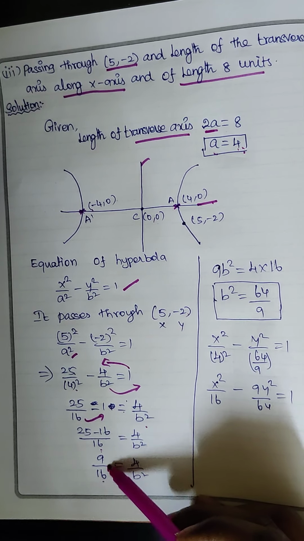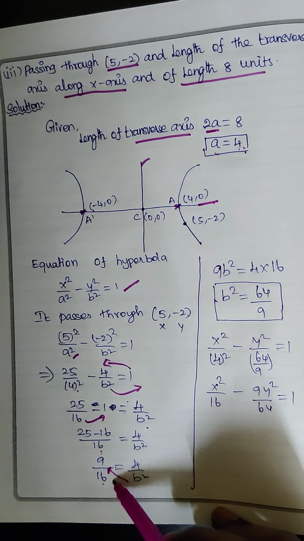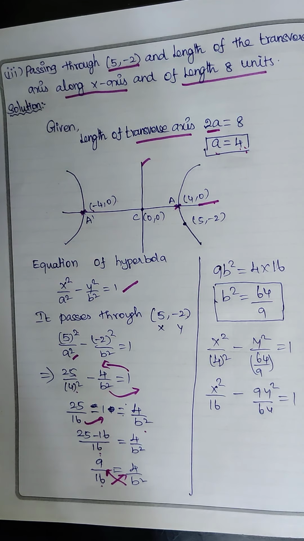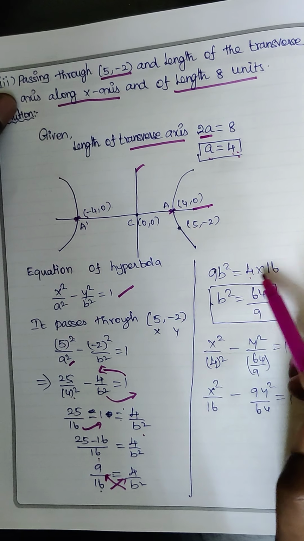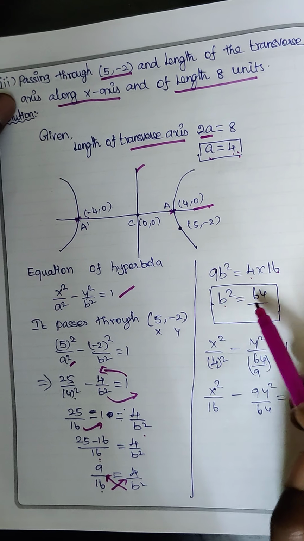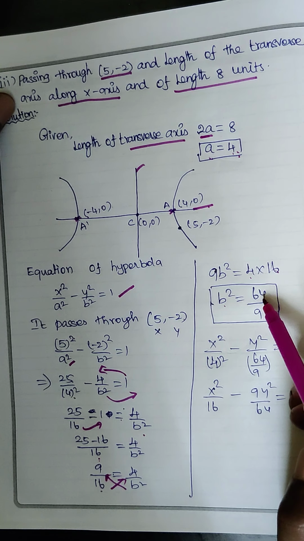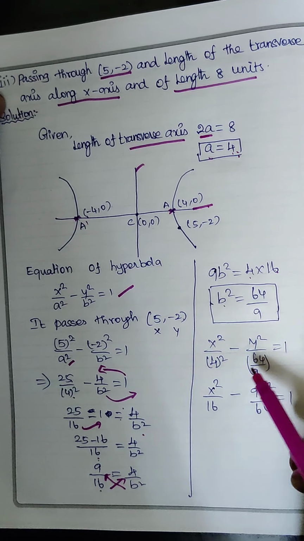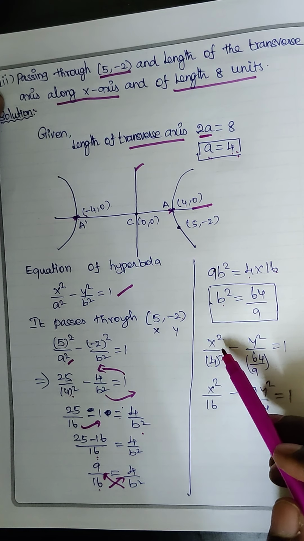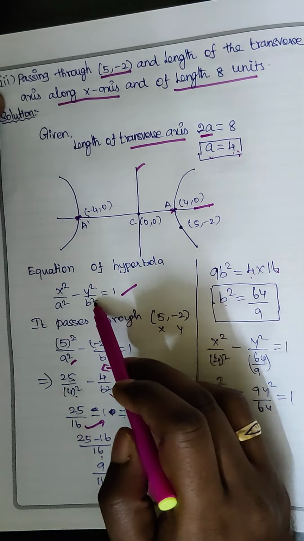Now 9b square is equal to 4 into 16. So b square is equal to 4 into 16, that is 64 by 9.